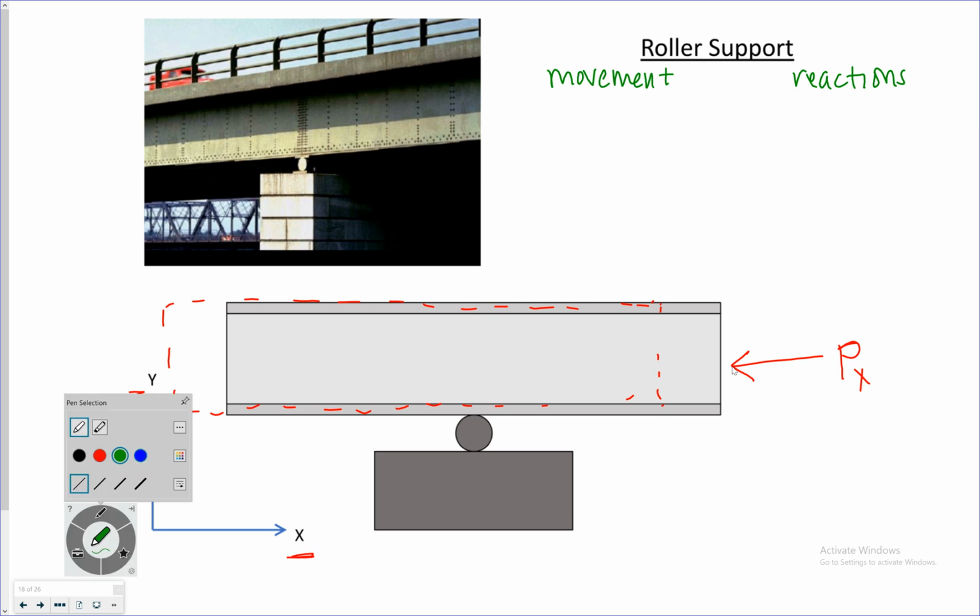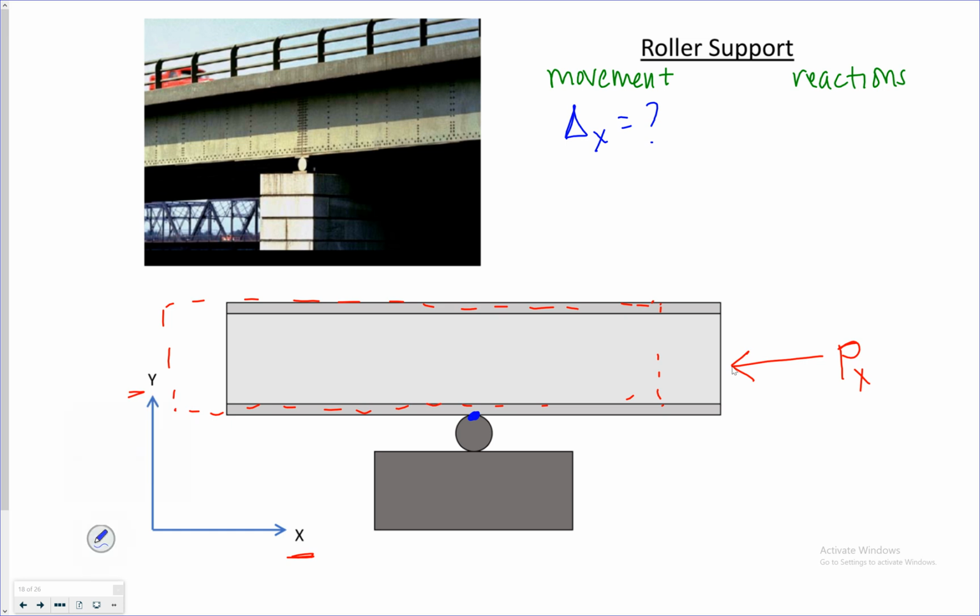Is there movement in the x direction at that roller support? Yes, we don't know what it is, but yes, there's a value.